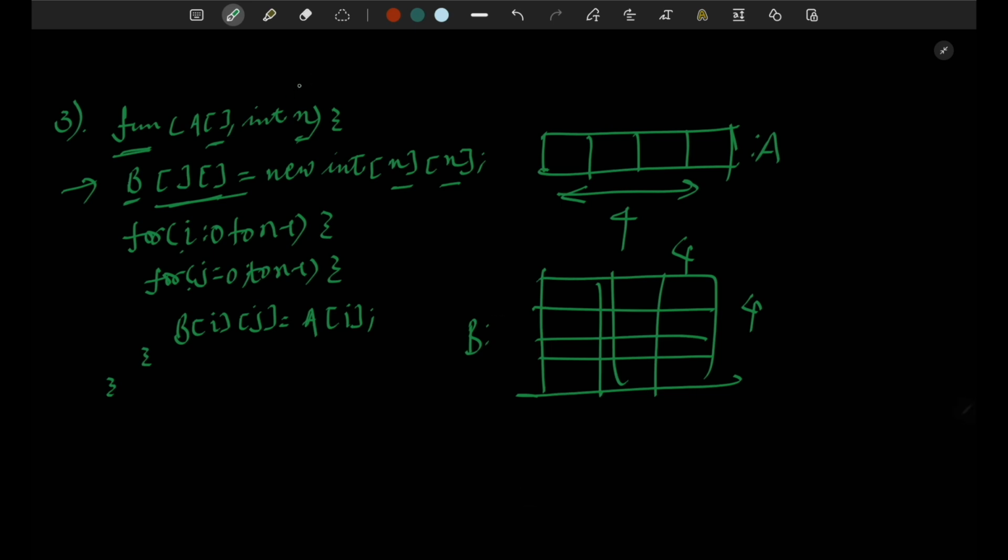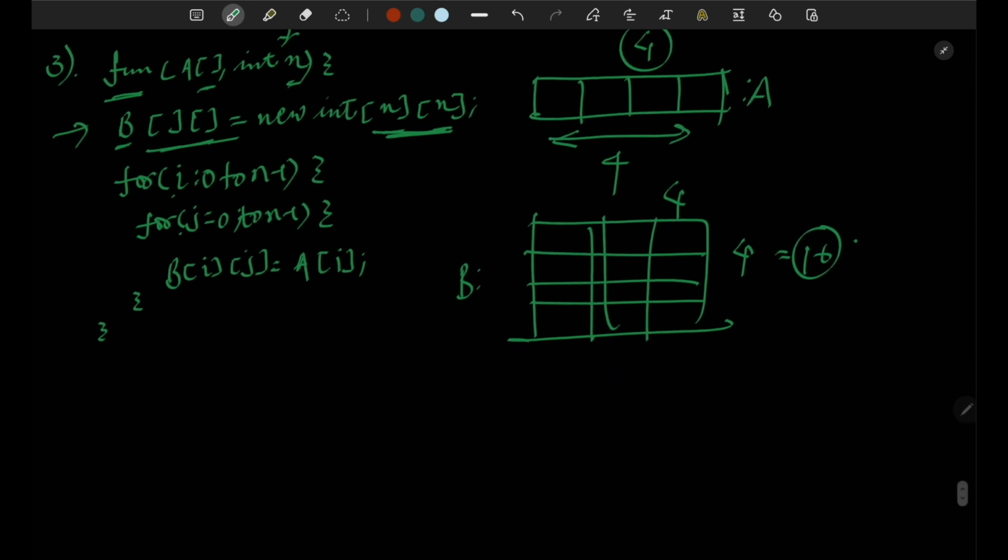If the input size is n, this is going to be n square. So if A takes 4 cells, this is going to take 16 cells. So how do we represent this? We say the space complexity is big O of n square, right?